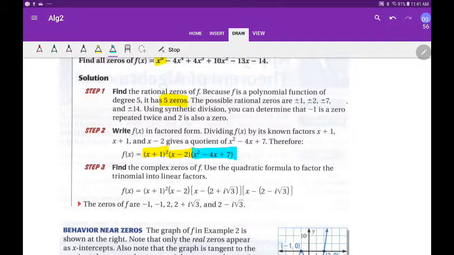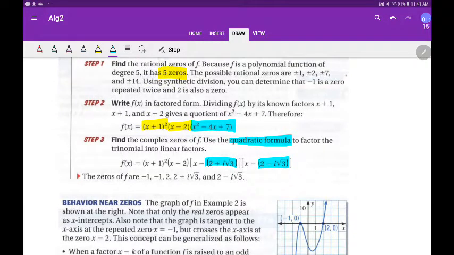We try. Looks like maybe we could, but we can't. And we have to rely on the quadratic formula, which they just say, well, use the quadratic formula. They don't show us how they did that, but we can do it with the quadratic formula, and we will. So we have 3 real roots, 1, 2, 3.